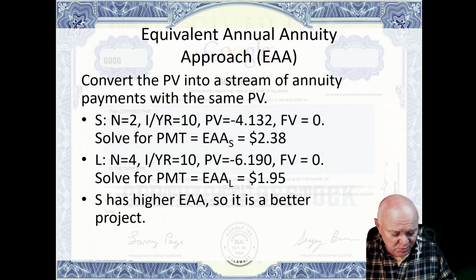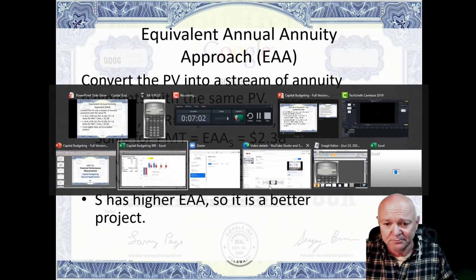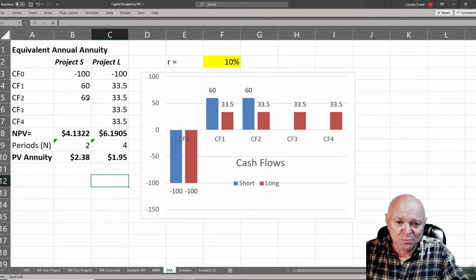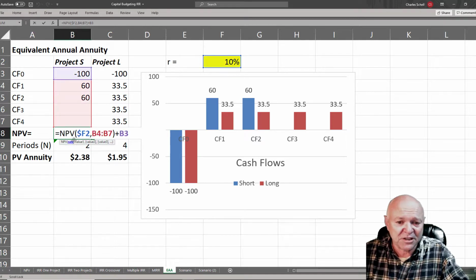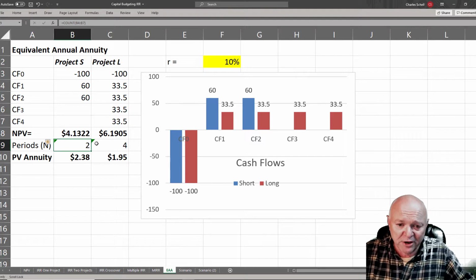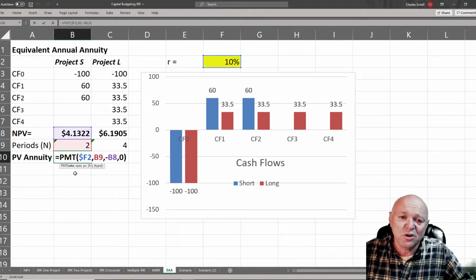I've also modeled this one on our spreadsheet, which you can see in VIU Learn. And so here I put in the value of the two projects, the cash flows for Project S, the cash flow for Project L. The NPV solution is just the NPV function that we saw before, and so we've calculated that. But now I input information about the number of compounding periods, 2 and 4, and I use an annuity function.